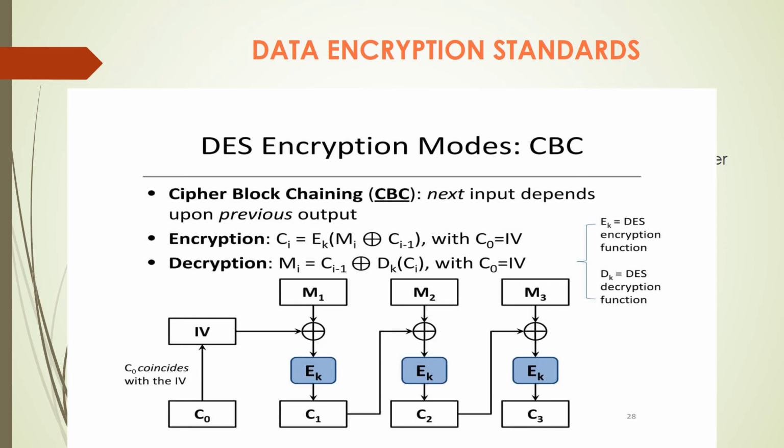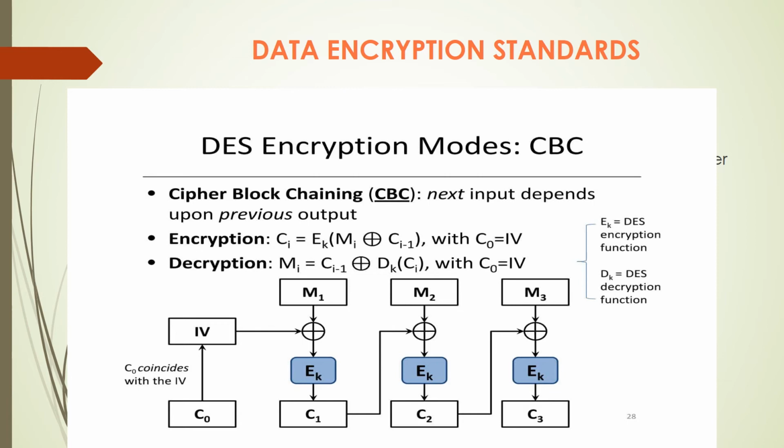The output from the first block cipher encryption will be XORed with the plain text of the second block. Here another XOR operation takes place. That means the output from the first block and the second block plain text will be XORed.